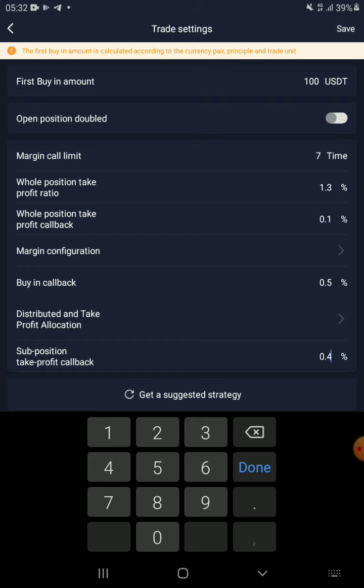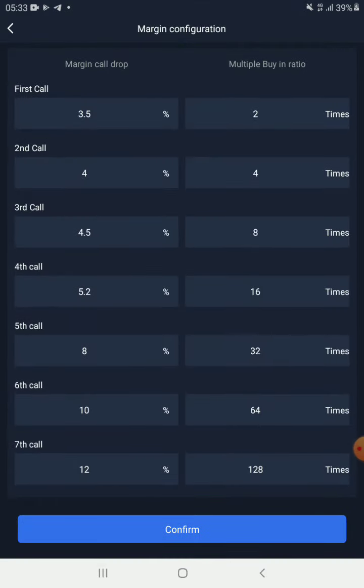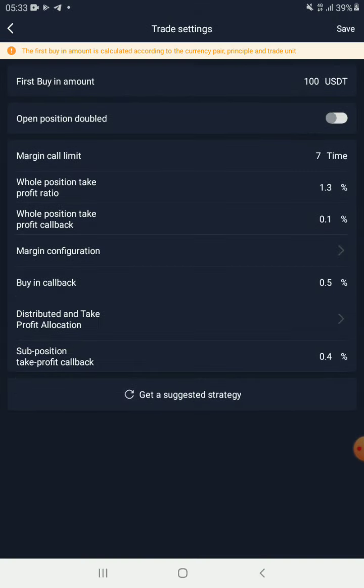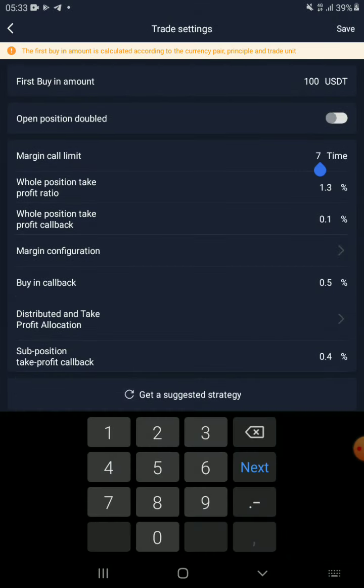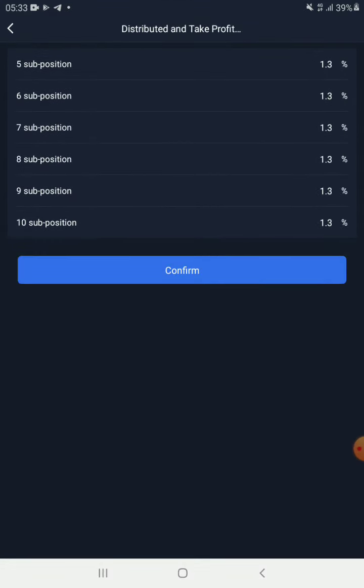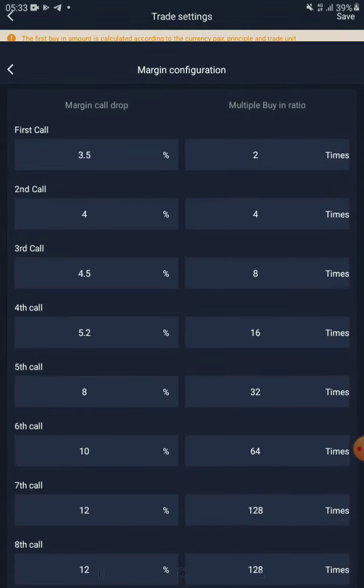So the margin call limit, they're going to type this. Now you can see that where there is 7, I see 7. If I change this number to 10, you have this distributed 10 times.